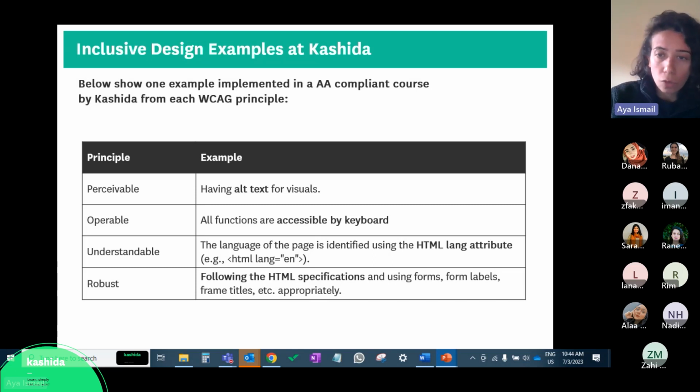Understandable. One thing I mentioned is to make the text clear in terms of instructions. Also, another example is that the language of the page should be identified with the HTML language attribute. And robust.